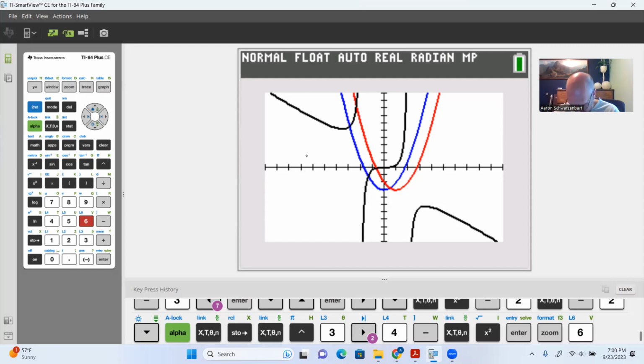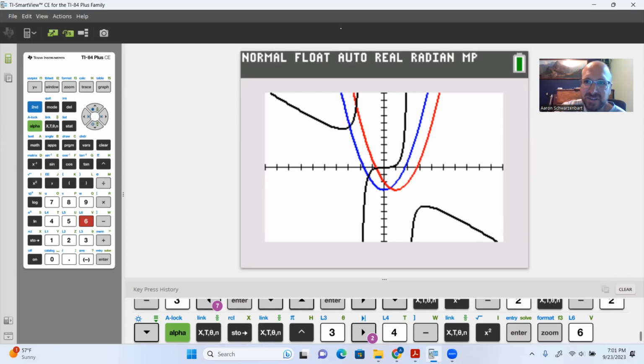Okay? And if you have y-axis symmetry, which this blue one does, that function was, okay, we'll do it in blue: y equals x squared minus 3. Y-axis symmetry we call even functions.